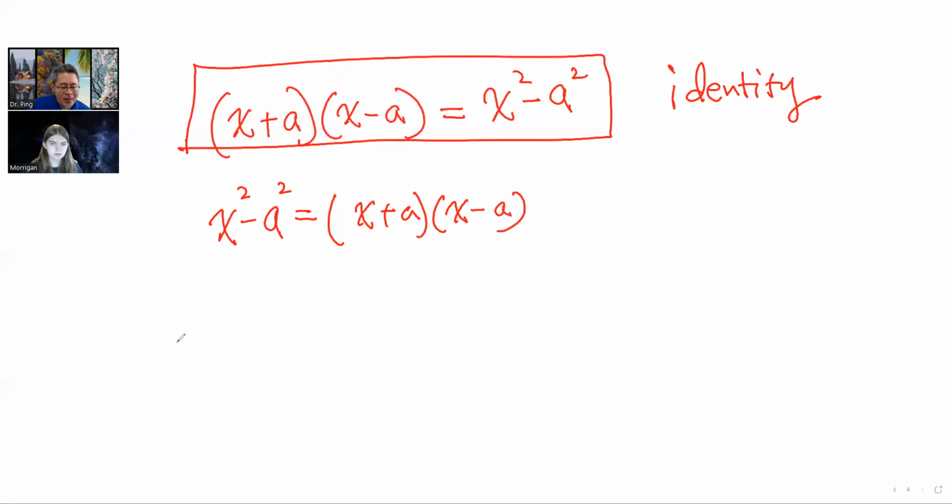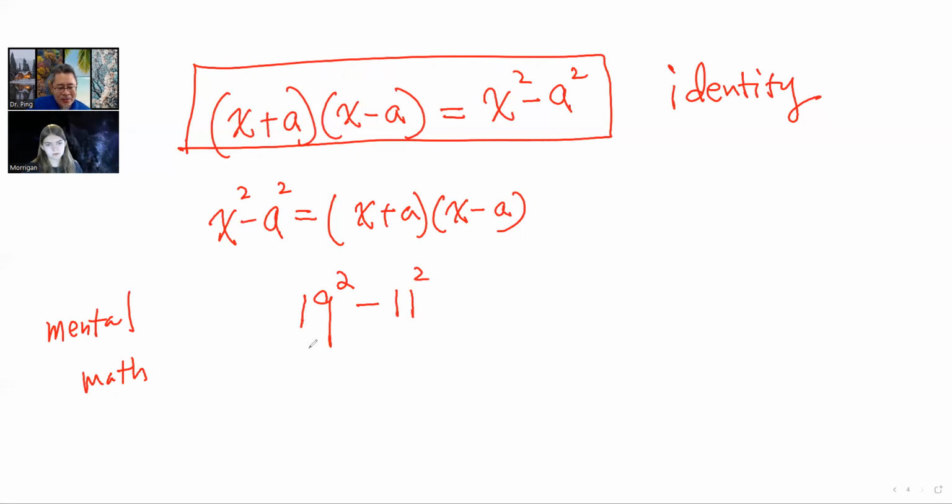Okay, and there are some applications in mental math, that means you do it in your head. It's when you see something like this, say 19 squared minus 11 squared.